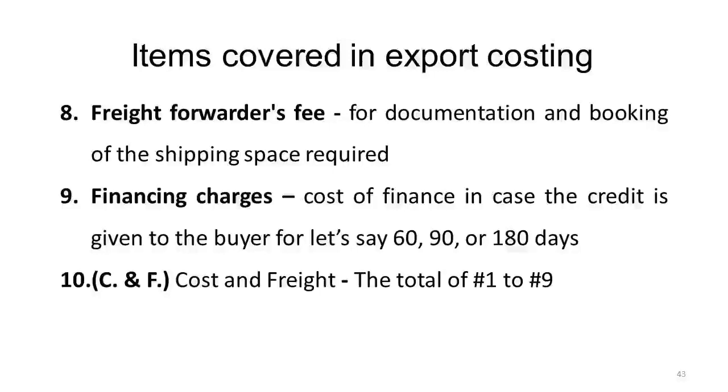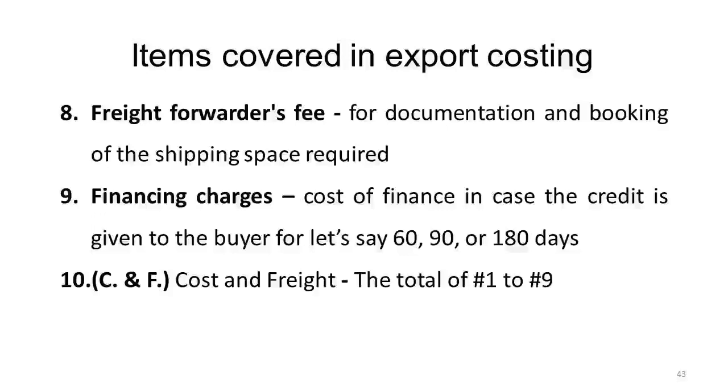Then we come to 10, which is C and F. Now this C and F is cost and freight. So all the costs that we have mentioned from serial number 1 till serial number 9, you add all of that and you will get the C and F, cost and freight price. So if you're talking to a buyer and the buyer says, how much is going to be your cost?